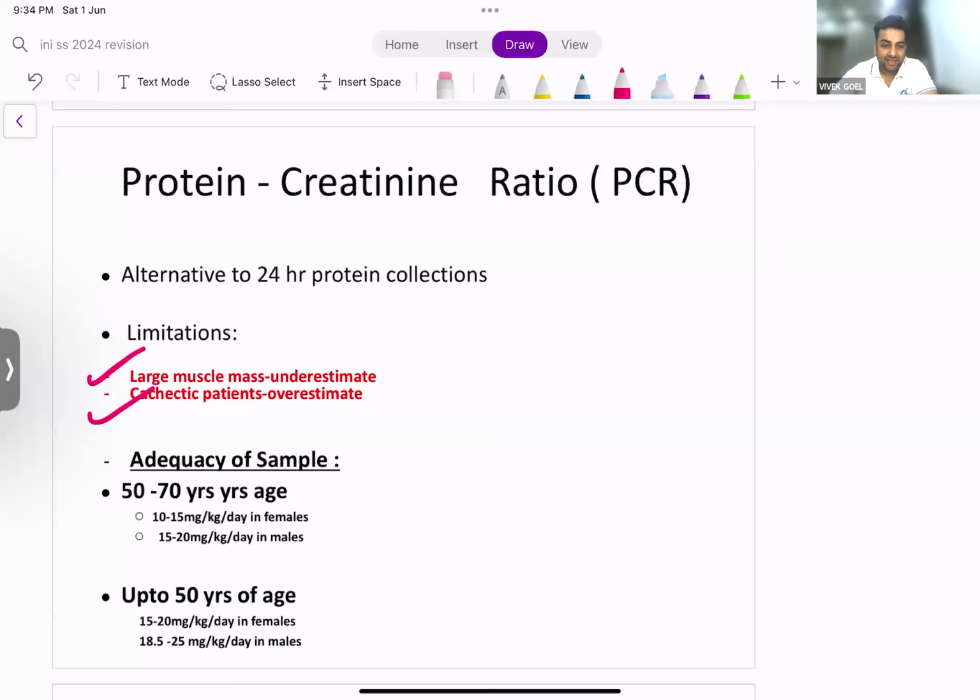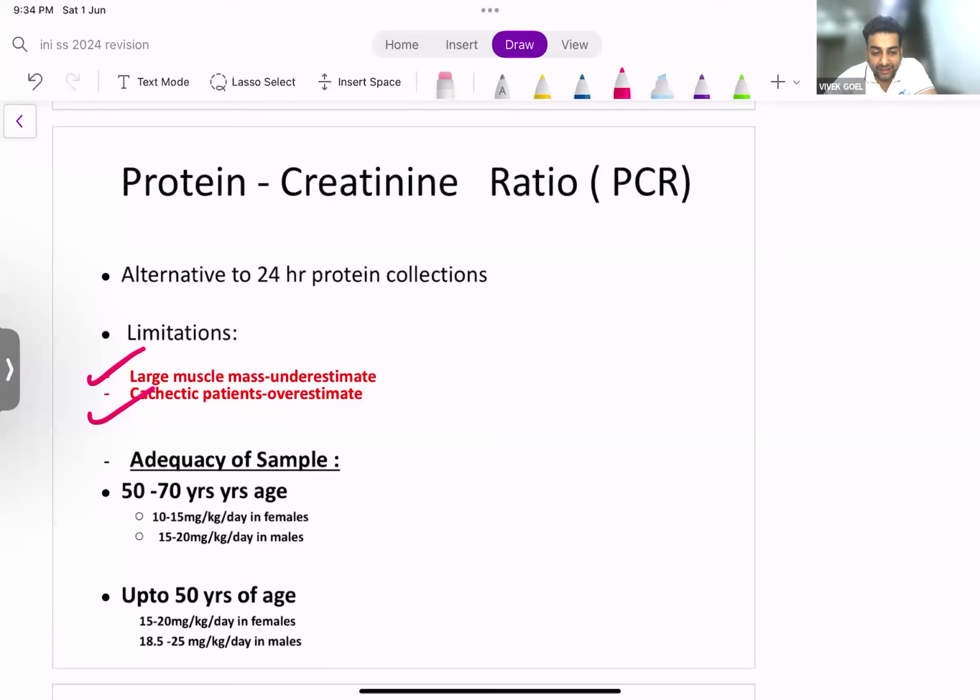But always understand that you've got to estimate the adequacy of the sample. So how will you know that whichever spot sample the patient gave was adequate or not? You've got to see the creatinine excretion in the sample.